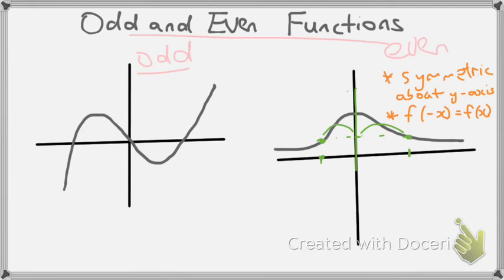For an odd function, it's not quite as straightforward to define it geometrically, but often people will say symmetric about the origin. What I'd encourage you to do is draw this diagram on a piece of paper to understand why.